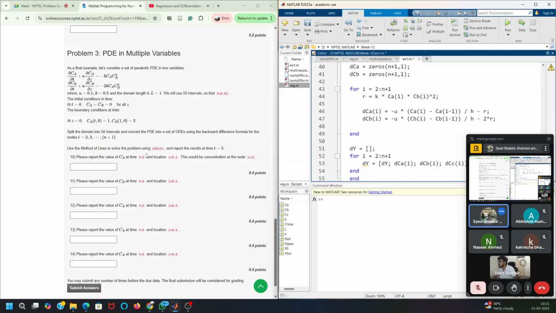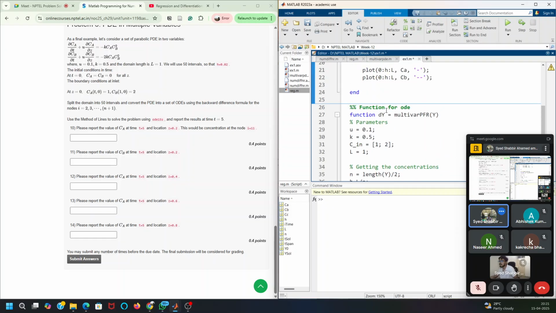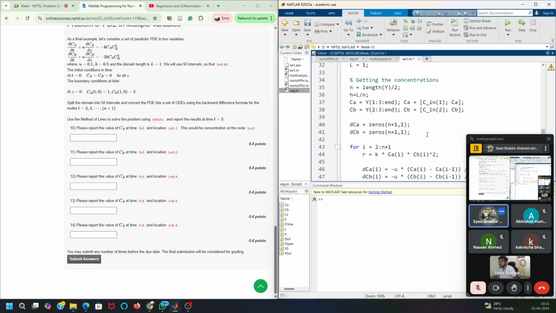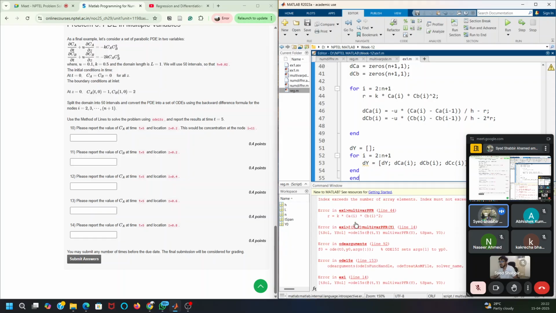Time t equals 5. We have to use 15, yes. So we are doing it, and we will save this and solve. There is some error. What is the problem?